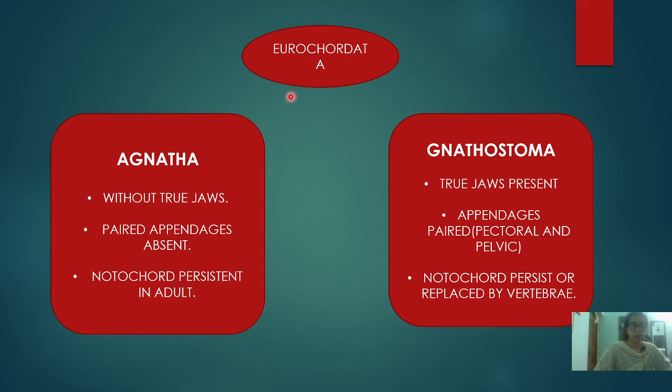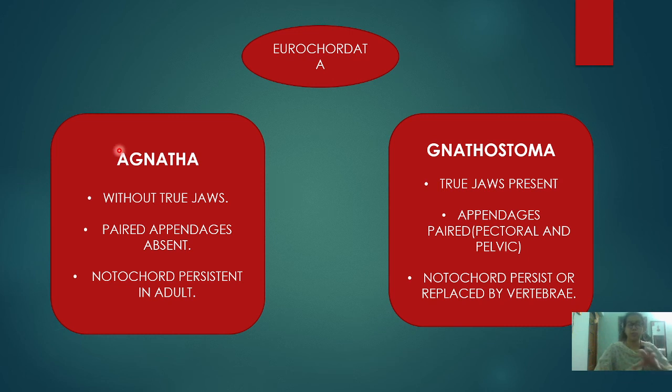So, as you have seen, the urochordata is divided into two broad categories, the Agnatha and Gnathostomata. You must be wondering what is Agnatha and what is Gnathostomata. Agnatha are those urochordates which do not have true jaws, paired appendages are also absent, and the notochord is persistent in the adult.